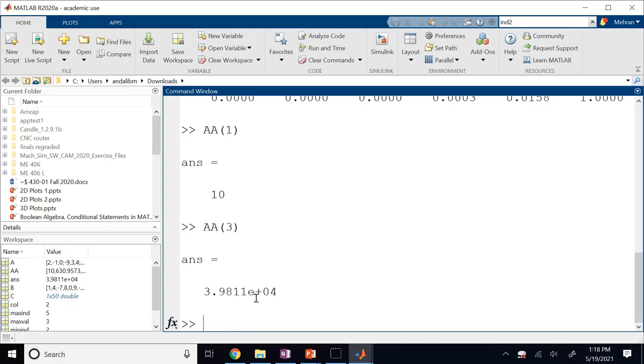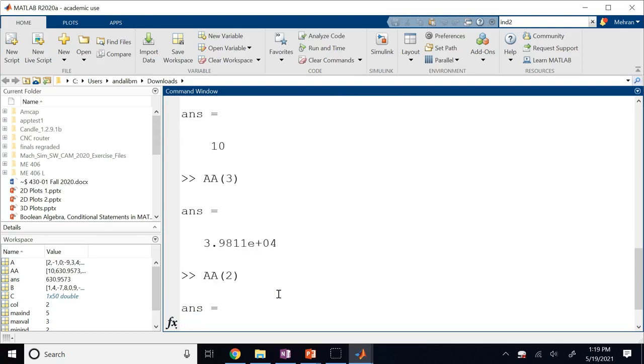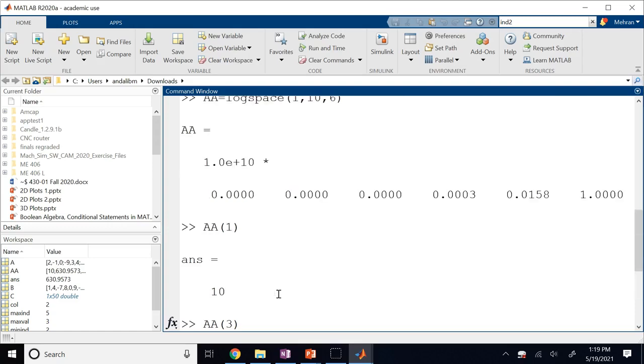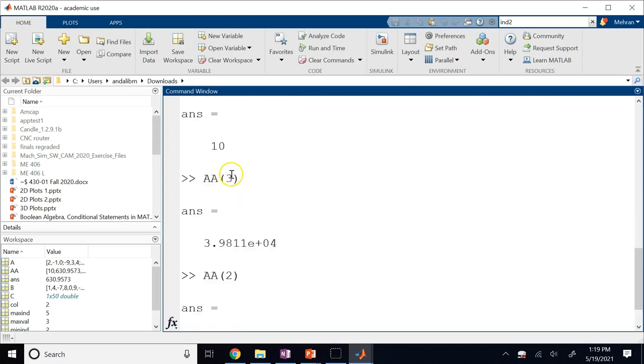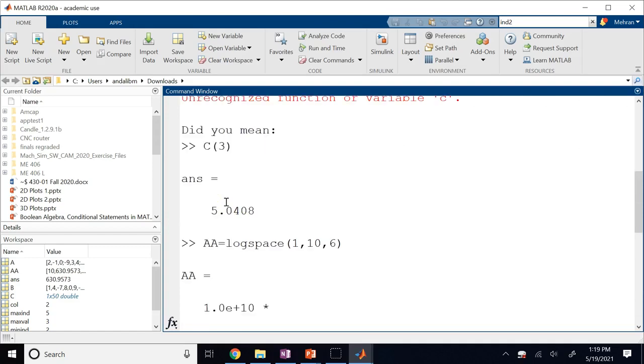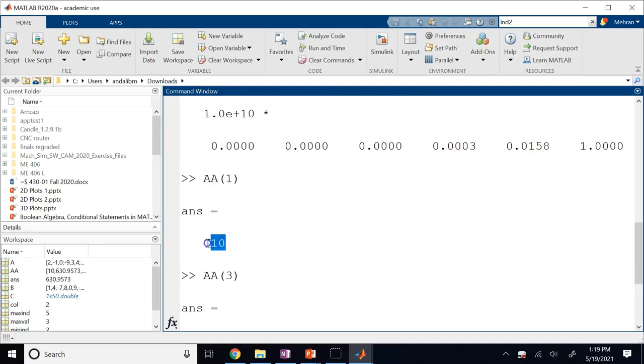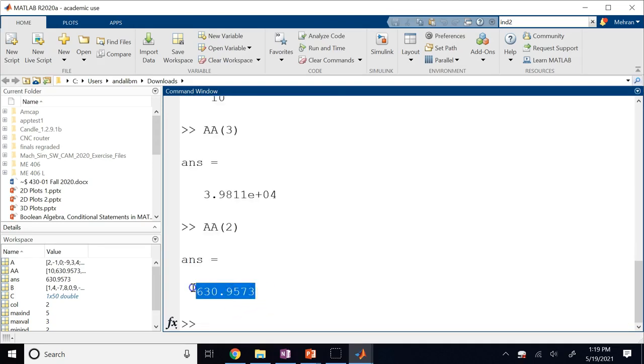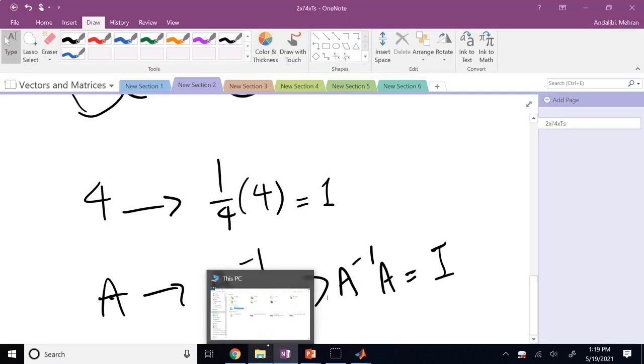AA number 3 is 39,000, and number 2 is 630. Right? So first of all, the distance between the numbers, clearly as you go from 10 to 630 and from 630 to 39,000, the distance is not the same. Second of all, I expected my numbers to be between 1 to 10. They are not. My first number is already 10. The next one jumps to 630. So what's going on here? You are creating n data points, but your data points are not between A and B.